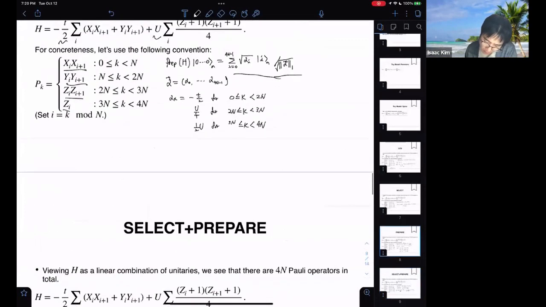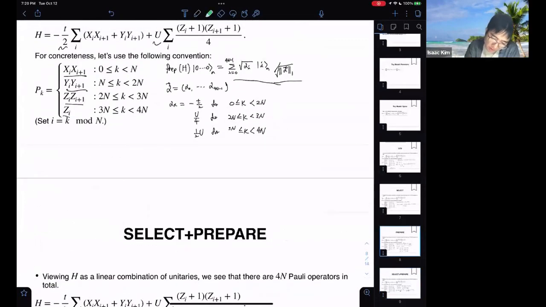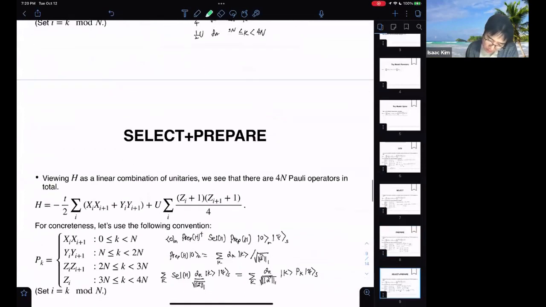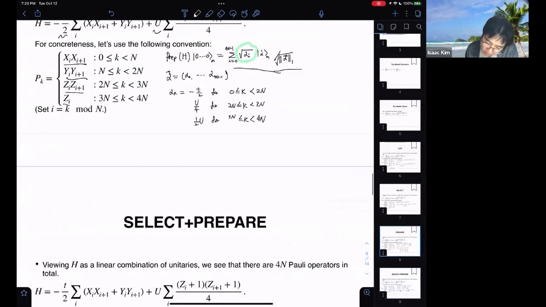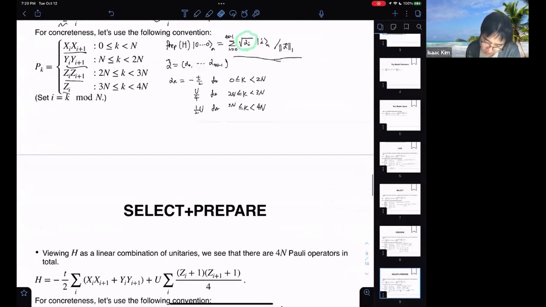Oh, sorry, there was a square root here, and I forgot to add that. Sorry for messing this up, but if there's a square root there, there shouldn't be a square root here. Actually, there should be.